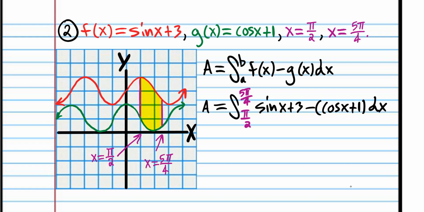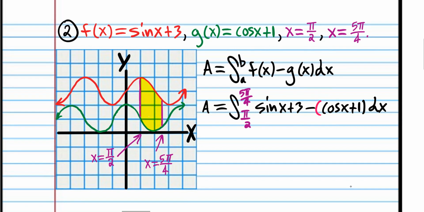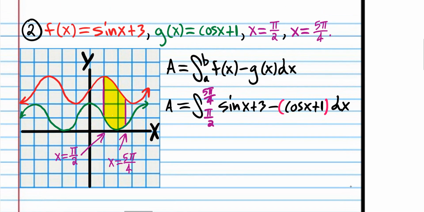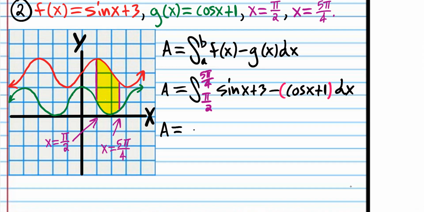Now notice I use parentheses. You see these pink parentheses? I'm making them a bright color so you can see those. If you don't write those parentheses, then you're in big trouble, because you're going to get the wrong answer. It's so important to remember to write these expressions correctly.